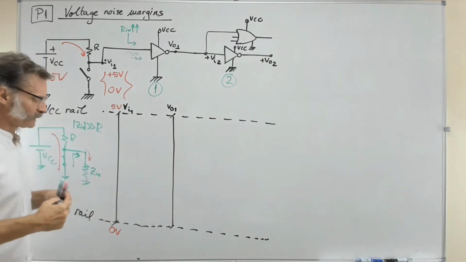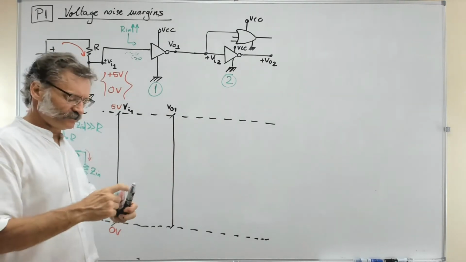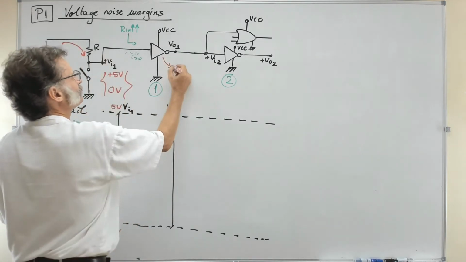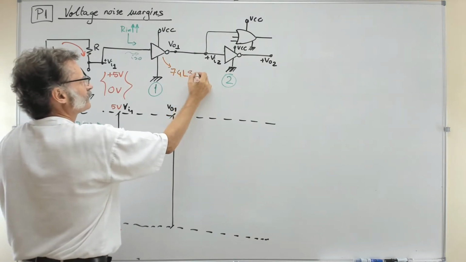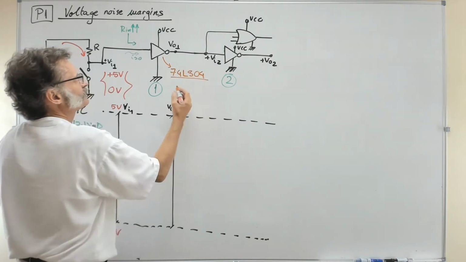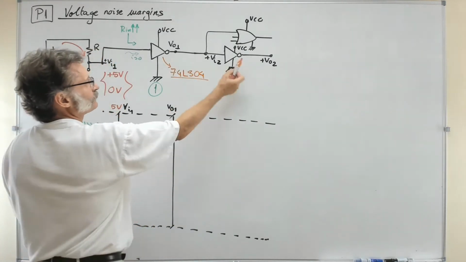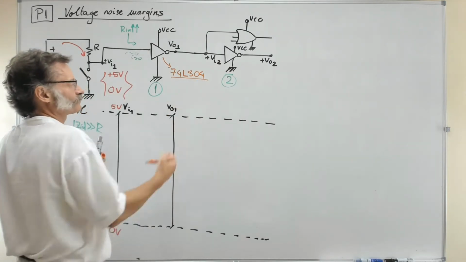And now what? Well, this is the output of a real gate, and if you consider the same example as in the previous video, this gate may be the 74, to make it simple and classic, 74 LS-04. This is a hex NOT gate. So the gates may be from the same real chip, 74 LS-04.